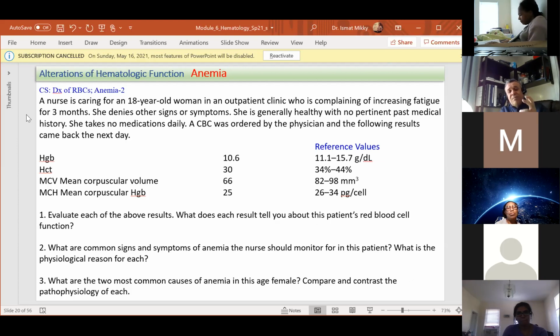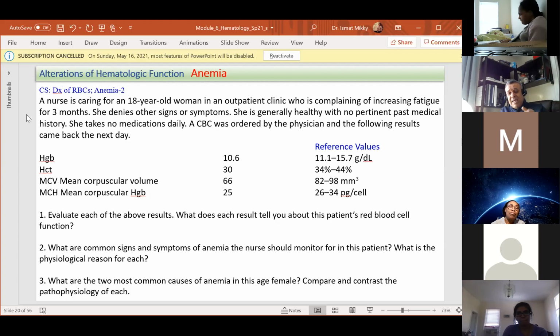And then to determine the type of anemia, you need to look at the MCV and MCH. I said, we're not going to look at this kind of advanced stuff, but at least you can tell from the MCV and the MCH also, you can determine the type of anemia from these two components.